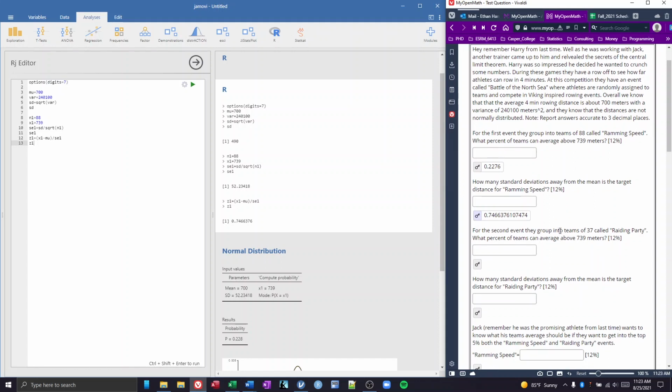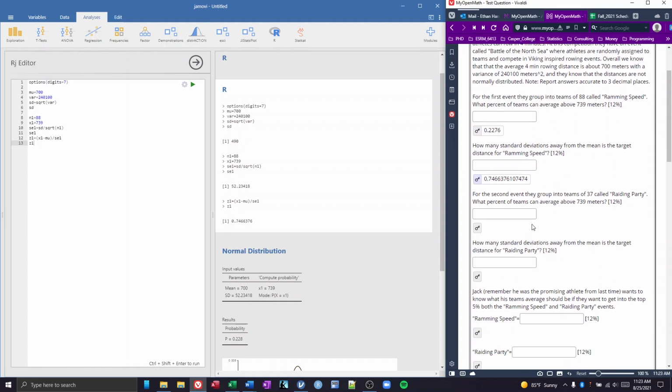Okay, for the second event, they group into teams of 37. And then we're going to do the same thing. They're still asking what percent of teams can average above 739. The nice thing is that we can copy this and paste it down, and I'm going to change the N1s to N2s and the SE1s to SE2s all through.